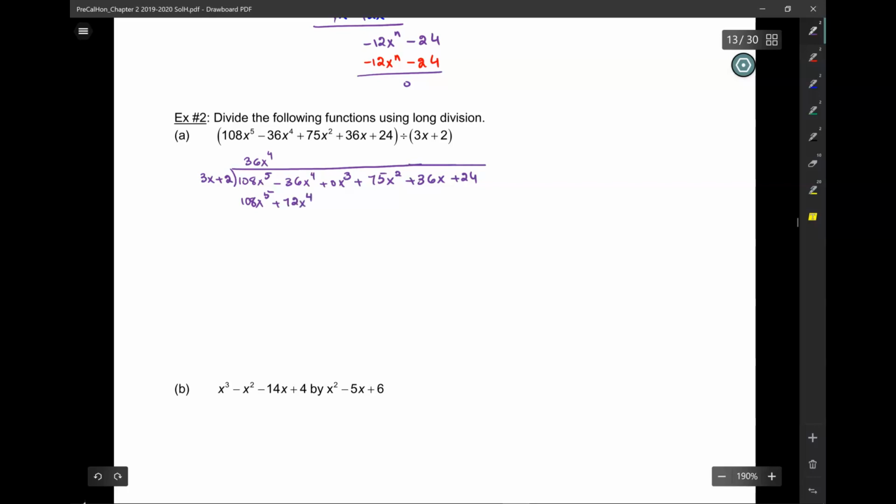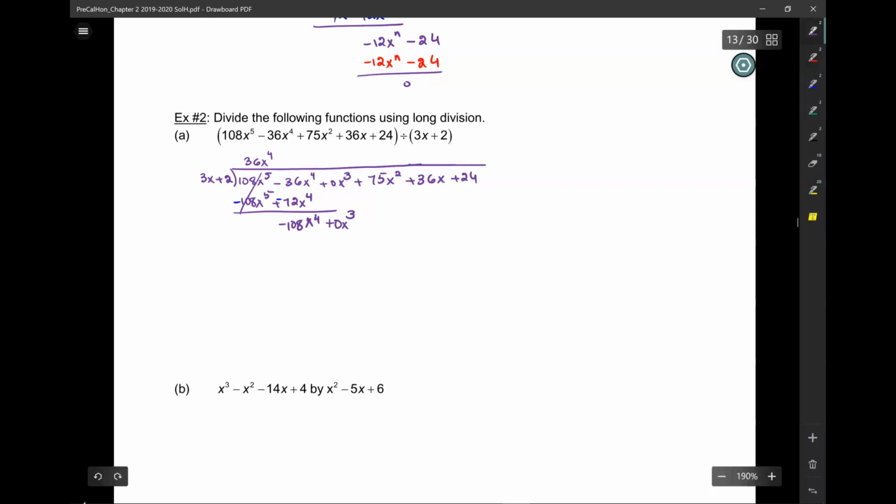So 108 and 72. I'm going to change the signs. I get negative 36x to the 4. No, sorry. They're going to add negative 108x to the 4. Okay? Plus 0x cubed.